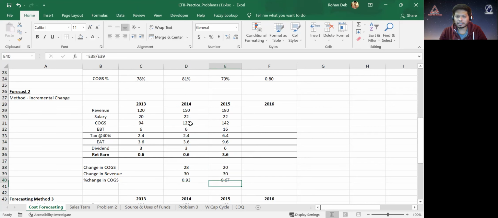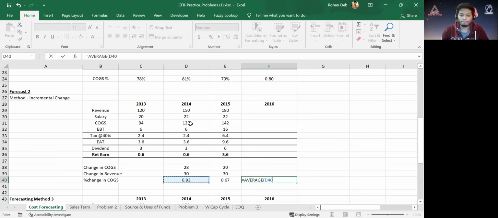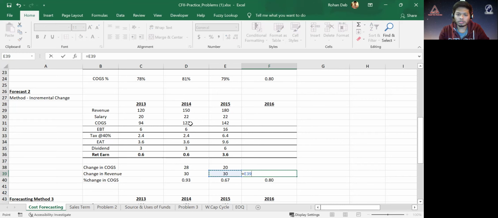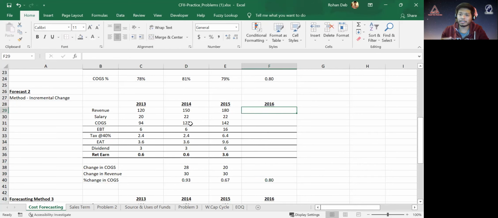So 67% increase. Now you take the average of this. The average comes out to again 80%. So basically what it says is whatever the change in sales will be this year, the change in cost of goods sold will be 80% of that. So this year again, we are assuming that it's increasing by 30 rupees.